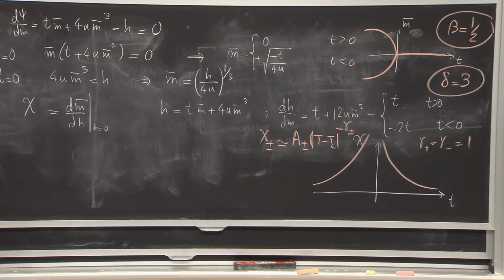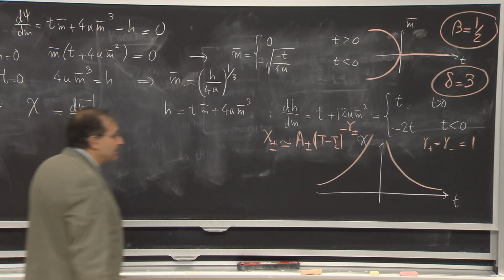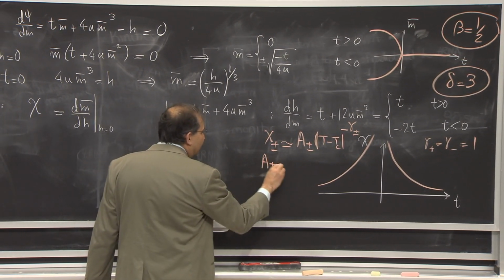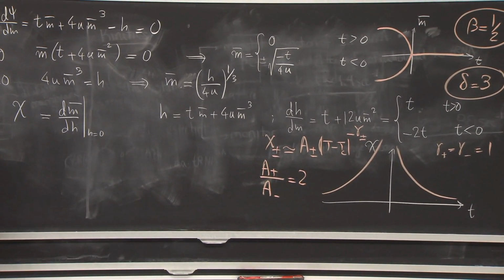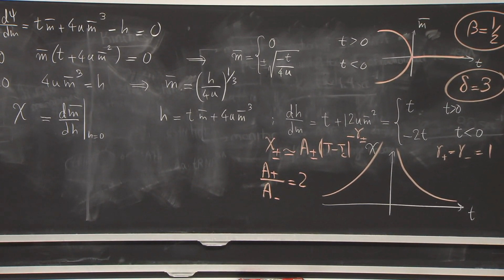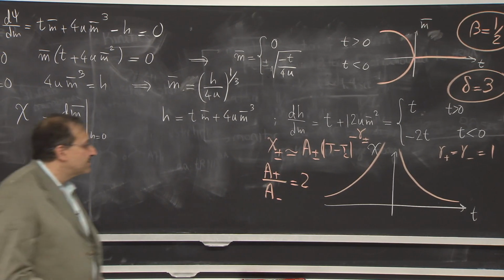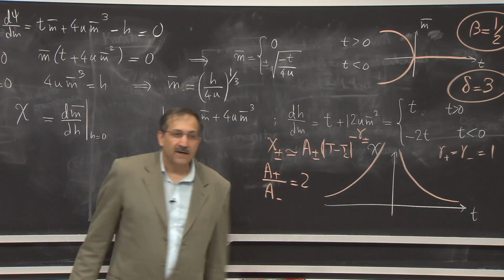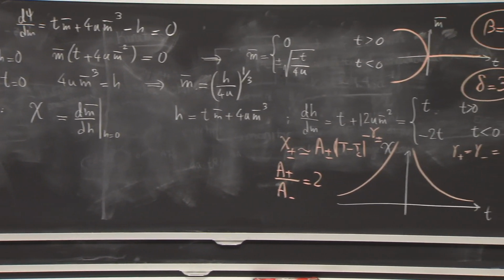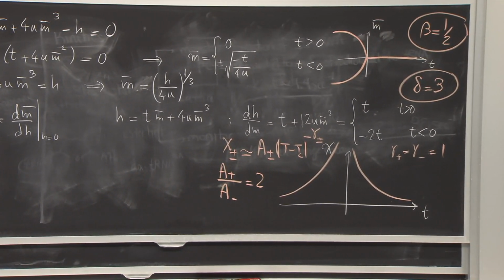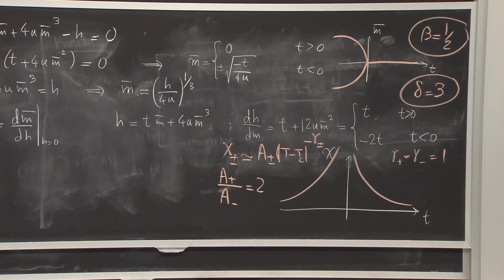I don't know what the amplitudes are, but I can tell for sure that the ratio of amplitudes, if this is the theory that describes things, is a pure number of 2. So that's another thing that the experimentalists can check. They can check the divergence and then see that the amplitude ratio is a universal object.